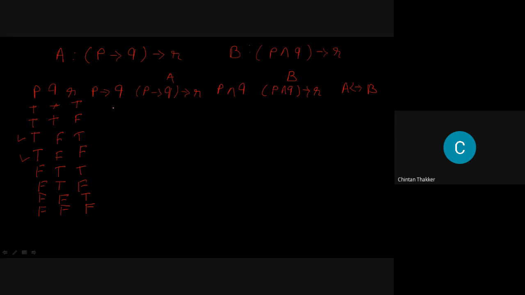So P implies Q is 2 T, then 2 F, then 4 T.